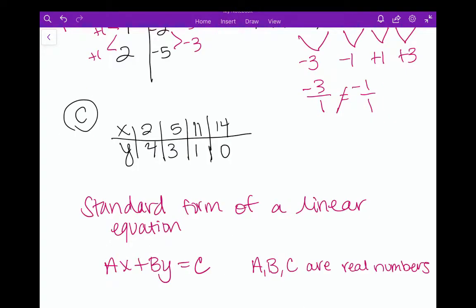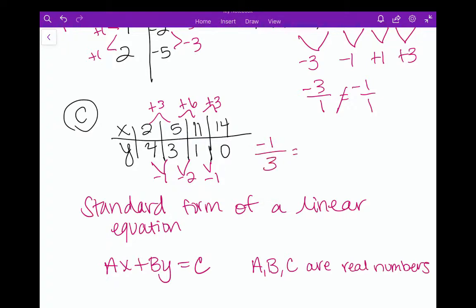In our last example, the change in y is -1, then it's -2, and then it's -1 again, and my x is +3, +6, and +3 again. So the change in y in the first 2 points is -1 over the change in x, which is 3.